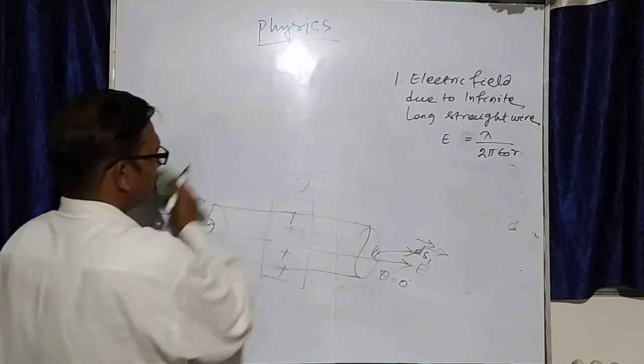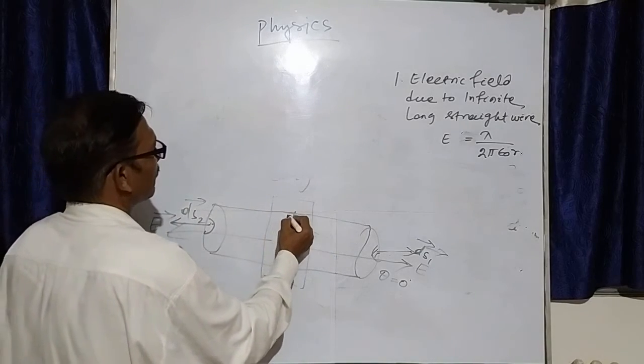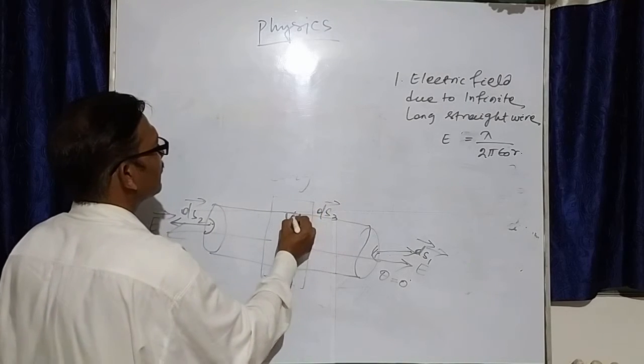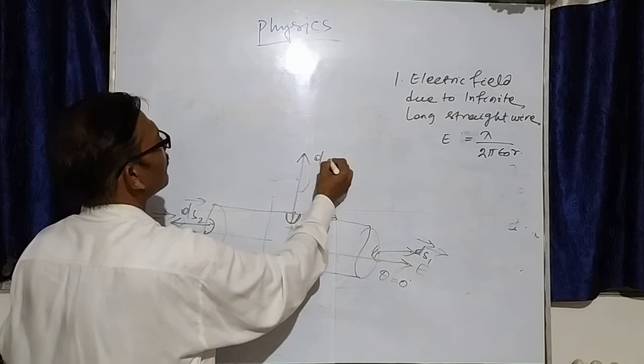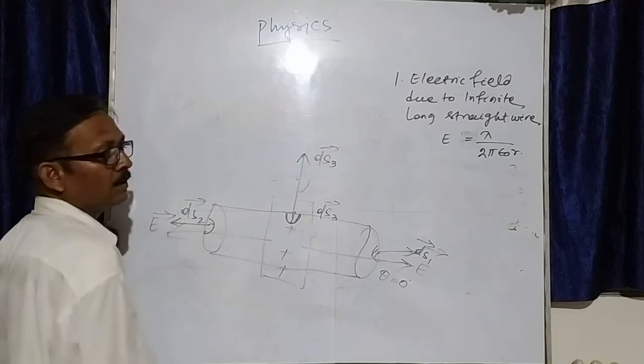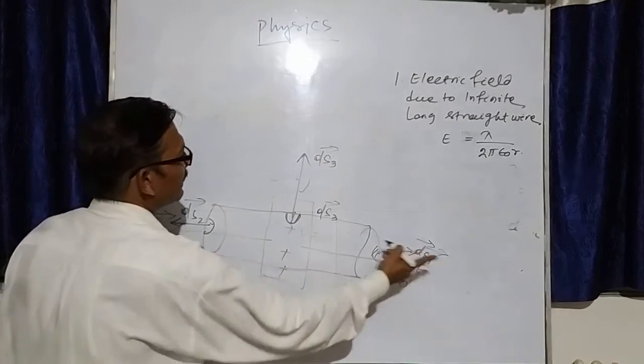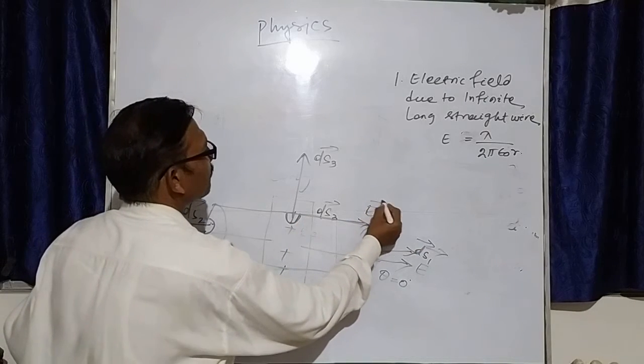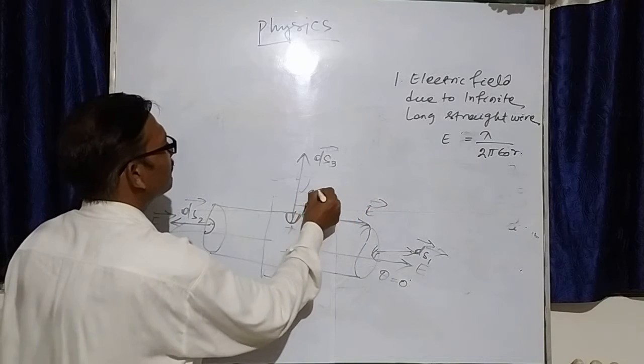If you consider here, the surface area is equal to ds3. ds3 is the direction of the area vector, and the electric field is in this direction. So the angle is 90 degrees.